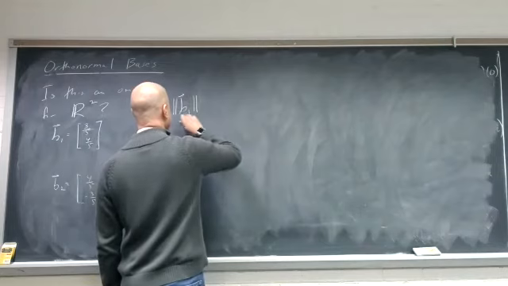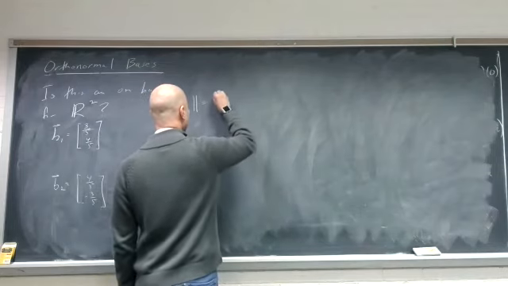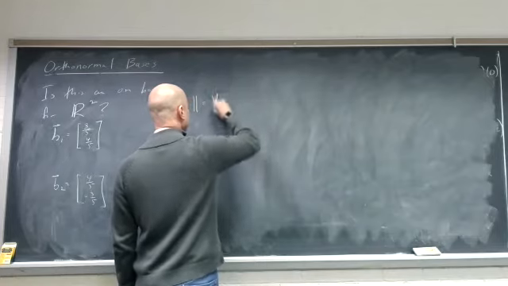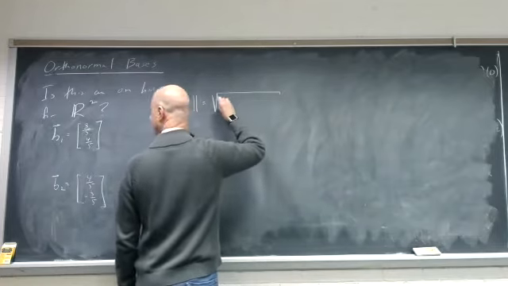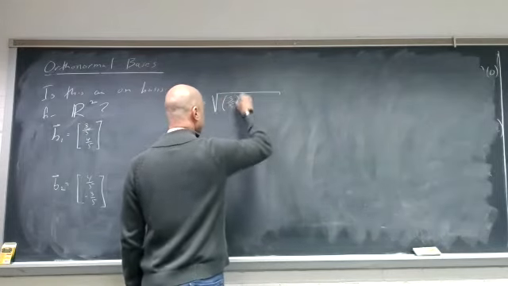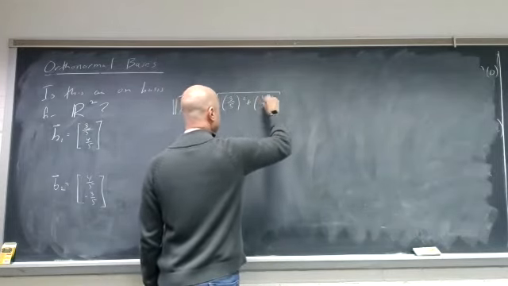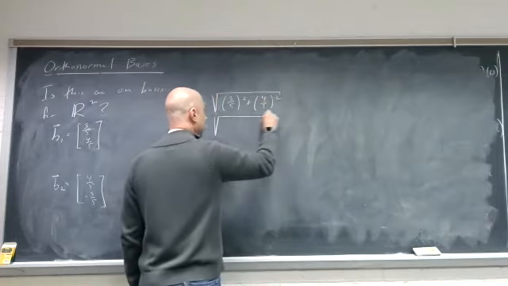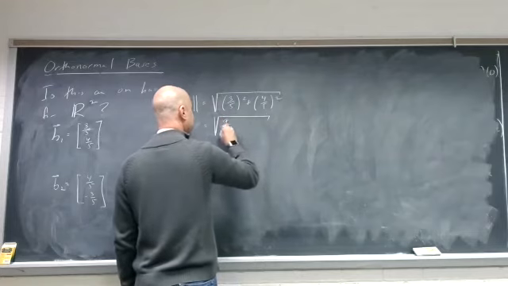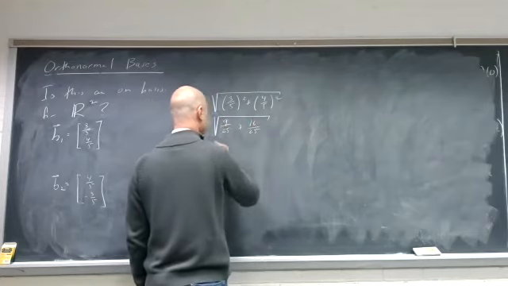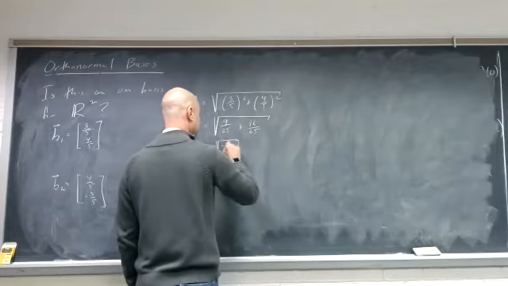The length of B1 is the square root of 3/5 squared plus 4/5 squared. That's the square root of 9/25 plus 16/25, 25/25.